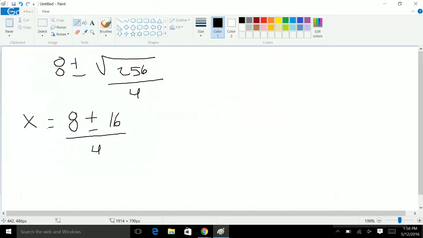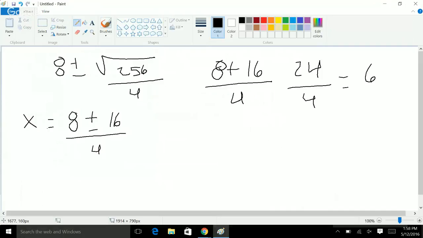So 8 plus 16 divided by 4 is 24 over 4, and we know that it's divisible by 4, so it equals 6 for the first one.